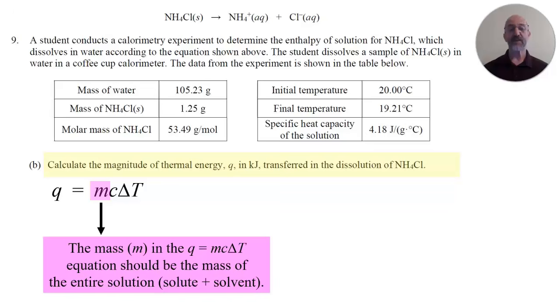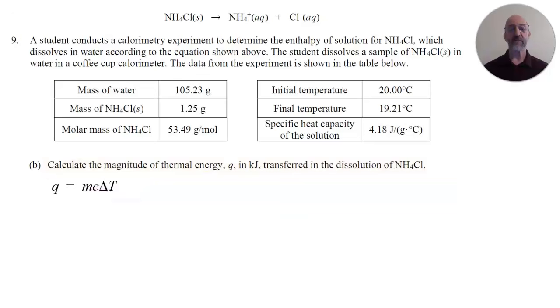So not just the solute, not just the solvent, but both of them added together. The mass of the entire solution should be used in our Q equals mc delta T calculation. That means that the m is going to be 105.23, the mass of the water, plus 1.25 grams, the mass of the ammonium chloride.